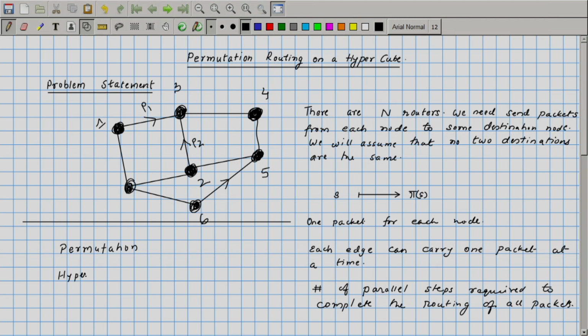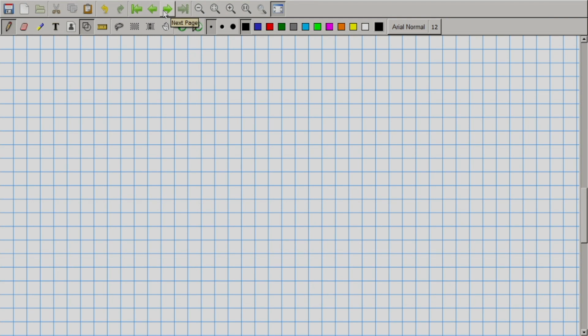The hypercube in the problem statement now needs to be explained. Let us understand what a hypercube is. It is a generalization of a graph like this, or a graph like this. So, this is a cube. A hypercube is a generalization of this.